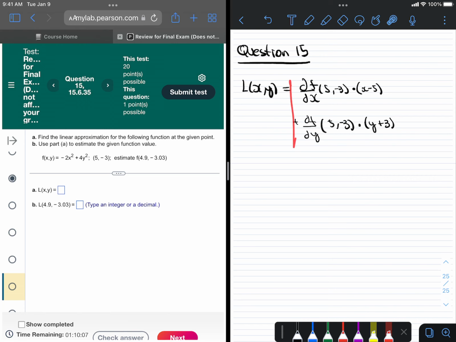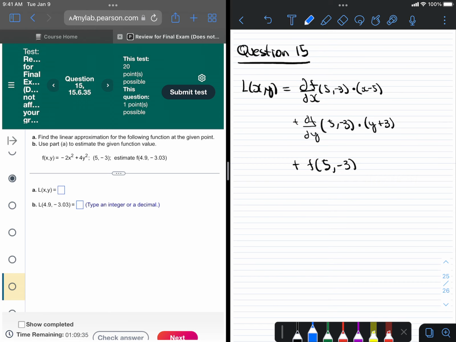So this is the linear approximation part. It's the little correction that we need to still add to the function value, which is f of 5, negative 3. Okay? So this is the starting point, the f of 5, negative 3. We're near it. So any function value near that point will be close to this plus some correction, which depends on the derivative and how far along from these coordinates we're going.